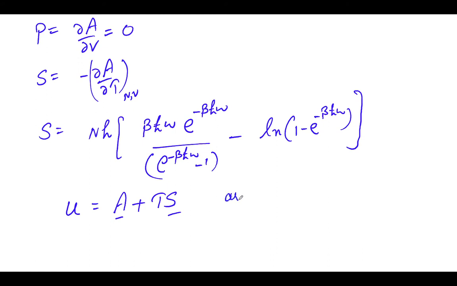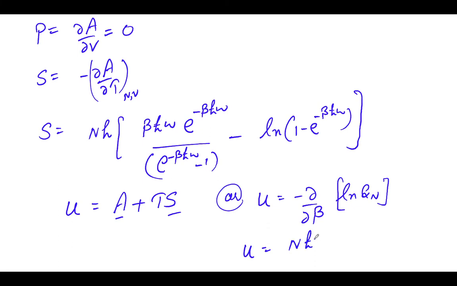Or the second way is to find the internal energy by taking the derivative of the log of the partition function with respect to beta, and the U value comes out to be n h bar omega by 2 into coth of beta h bar omega by 2.